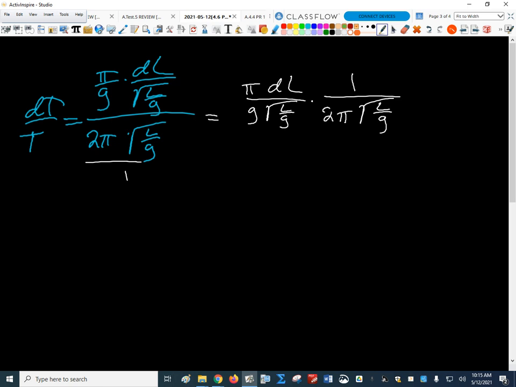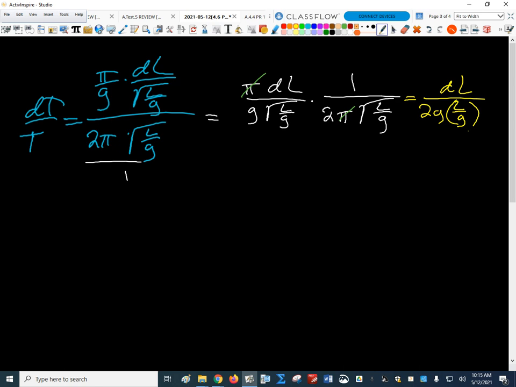So now we can see we get a little cancellation. Those guys cancel. And on the top, I just end up with a dl. On the bottom, I get 2 times g times the square root times the square root undoes the square root, right? Times L over G. And now I've got an L over G on the bottom.